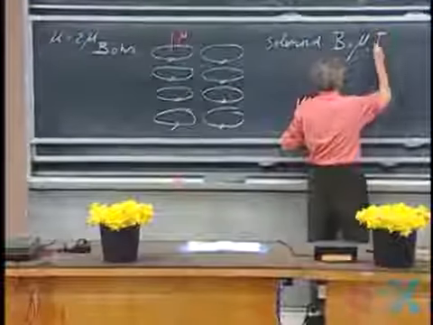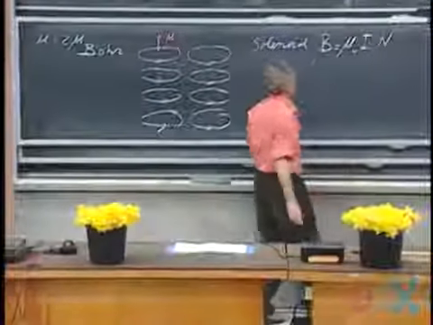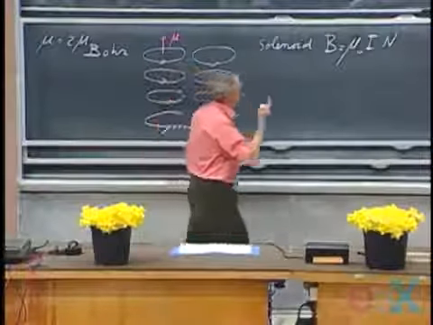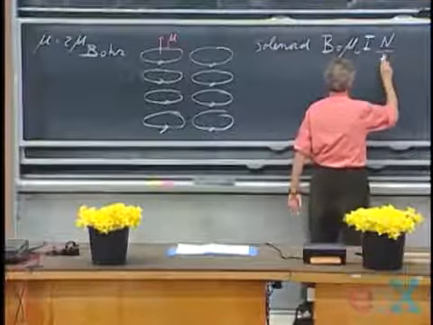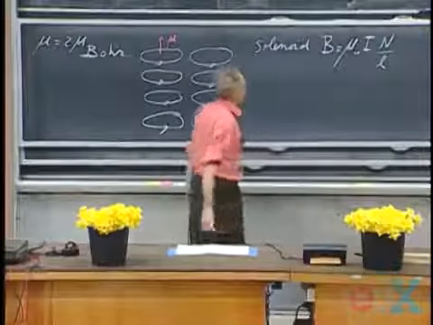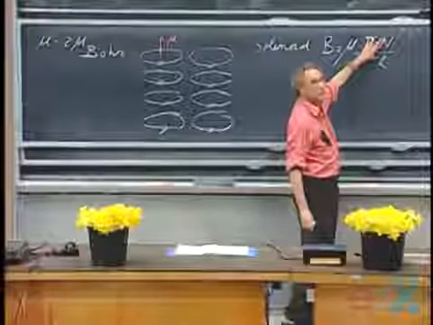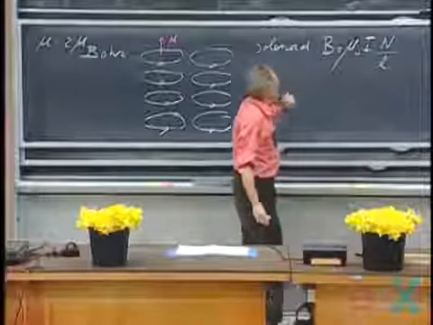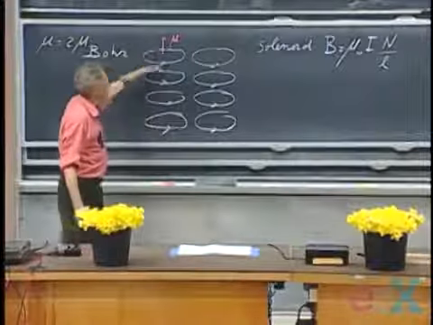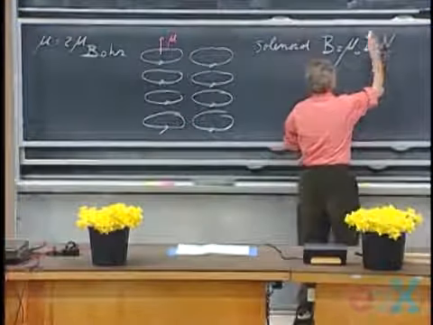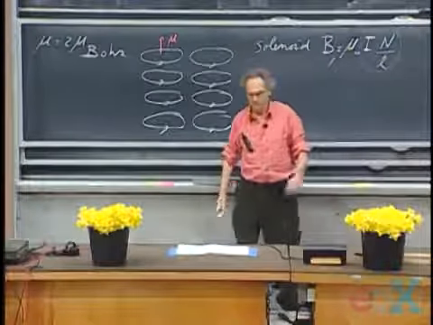Then we have the current I, and N is the number of windings in the solenoid, and L is the length of the solenoid. So this is the number of windings per unit length, the number of windings per meter. If we could figure out for this arrangement what this quantity is, then we're in business.